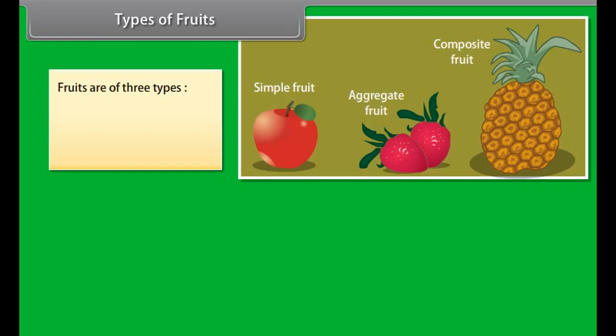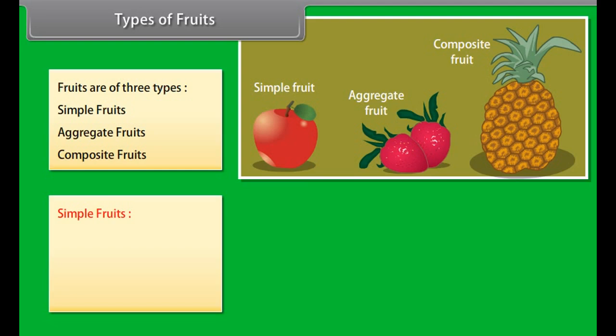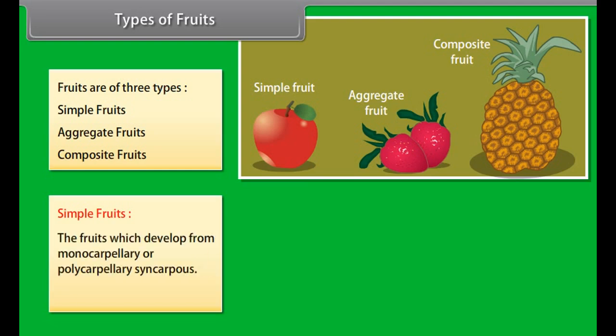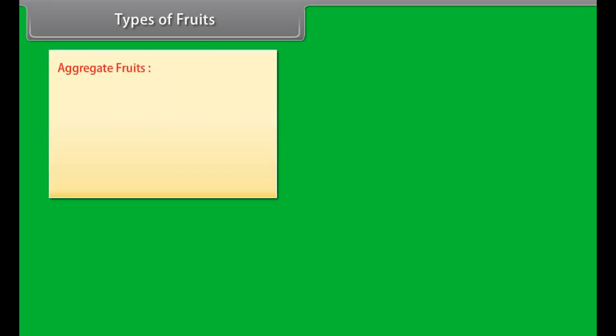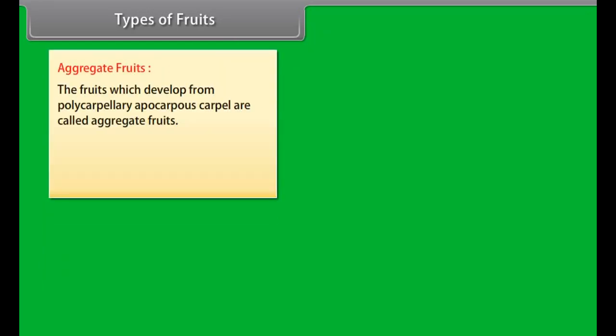Types of fruits. Fruits are of three types: simple fruits, aggregate fruits, composite fruits. Simple fruits. The fruits which develop from monocarpellary or polycarpellary syncarpous ovaries. Example, pea. Aggregate fruits. The fruits which develop from polycarpellary apocarpous carpel are called aggregate fruits.